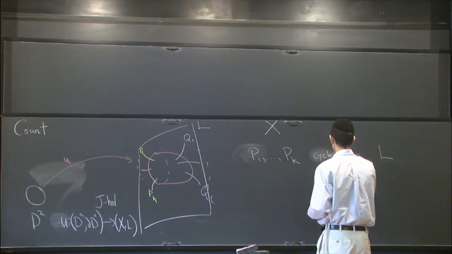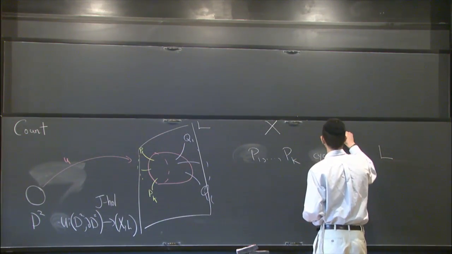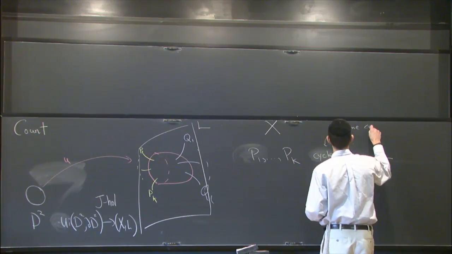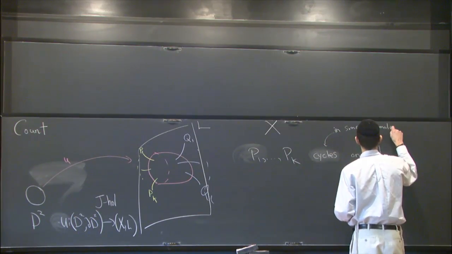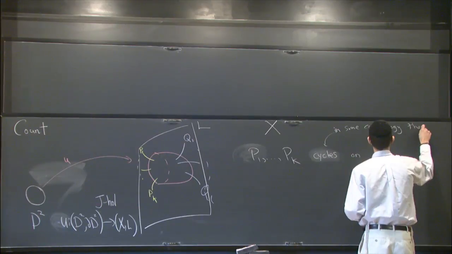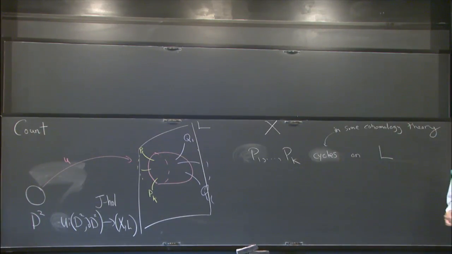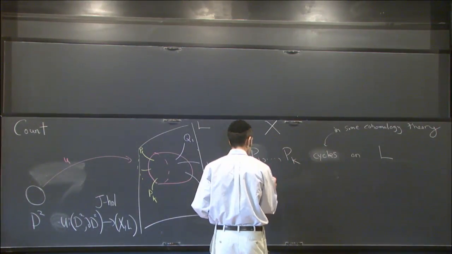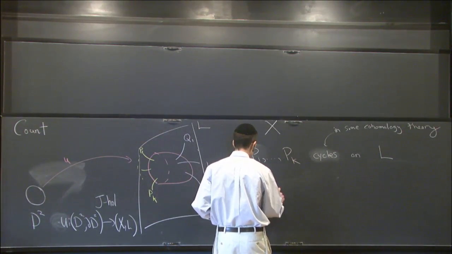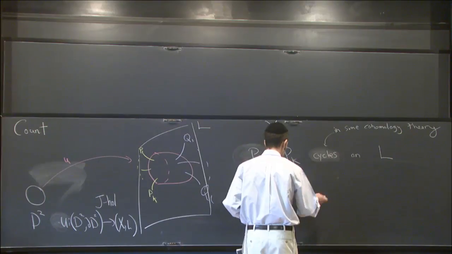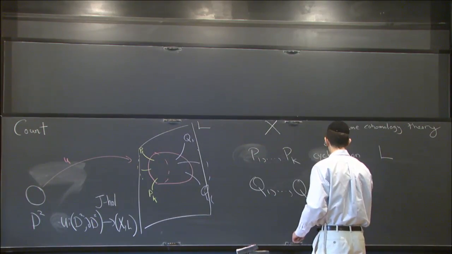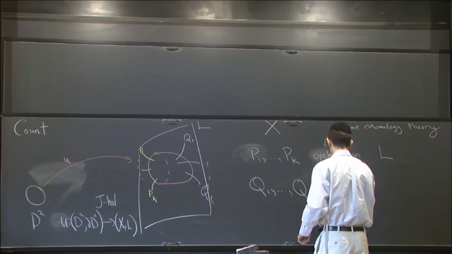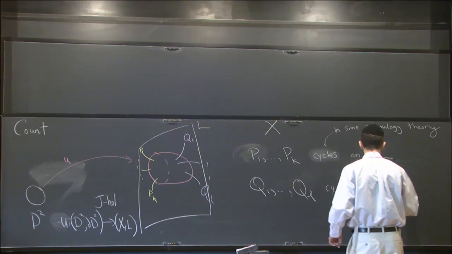Cycles on L in some cohomology theory. Eventually, we'll look at differential forms, but so far, just anything you want. And Q1 to QL are cycles on X.